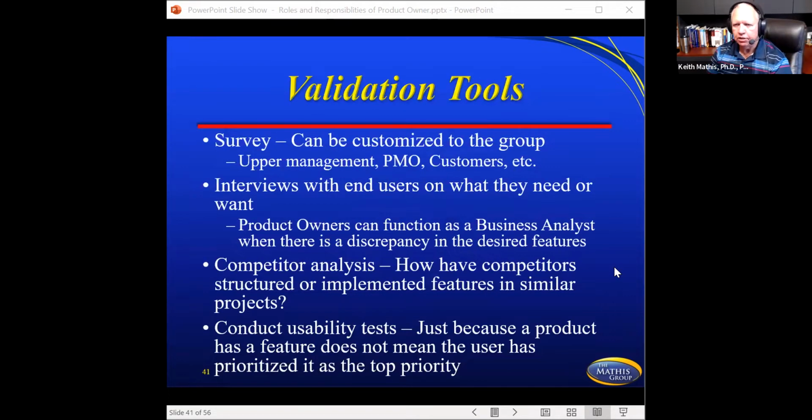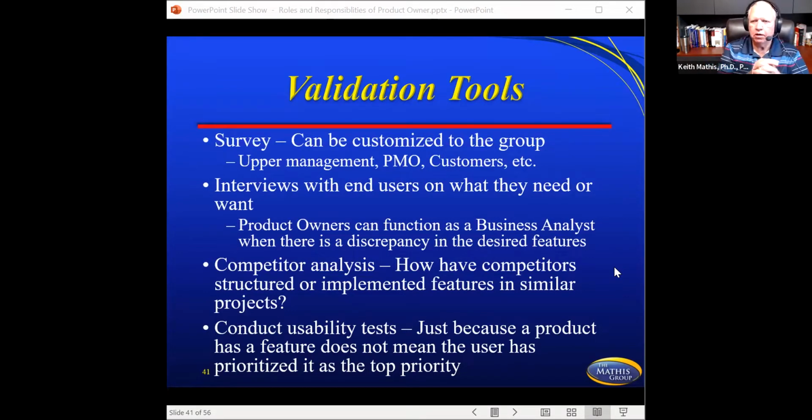Now, some of the validation tools used on the agile side include surveys, which can be customized to the group, upper management, or PMO. Interviews with end users on what they need or want. Product owners can also function as a business analyst when there's a discrepancy in the desired feature. Competitor analysis: how have competitors structured or implemented features in similar projects?